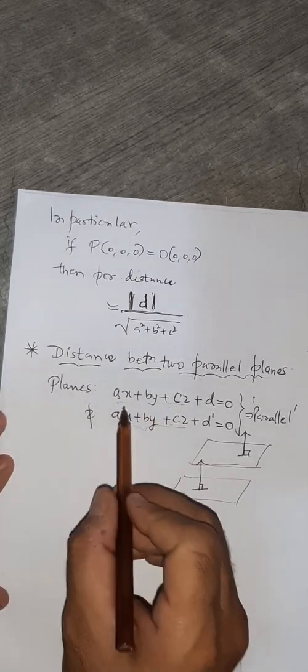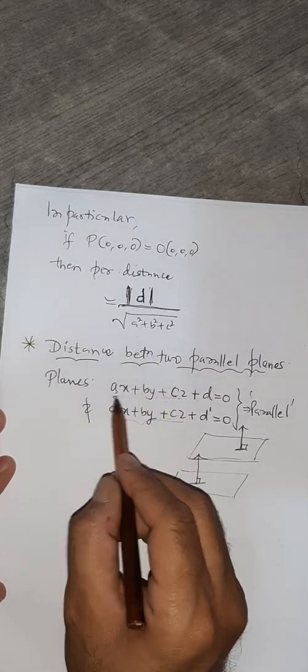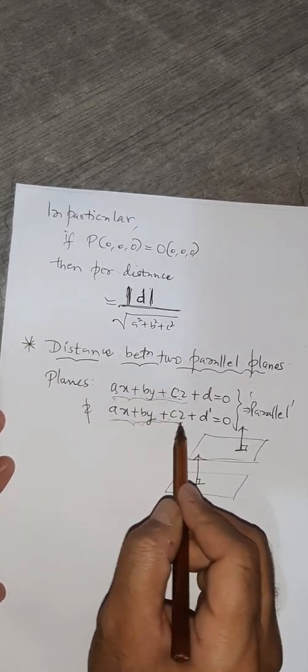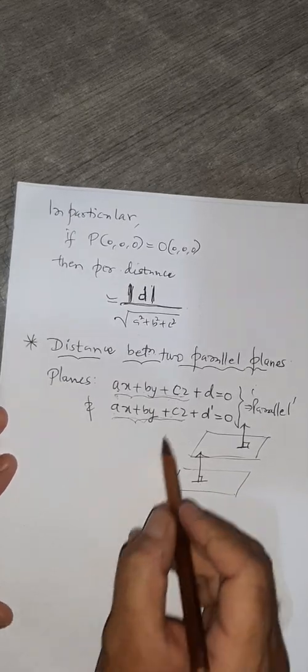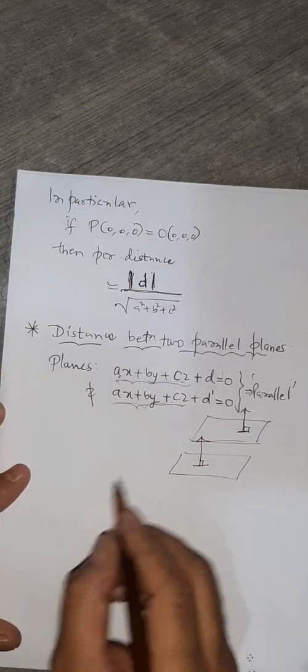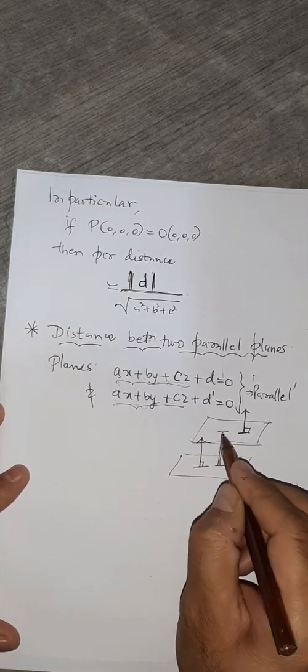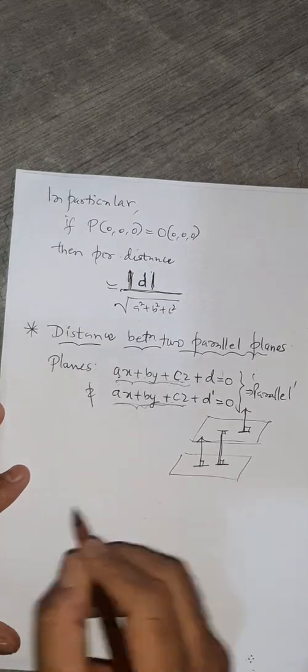You know, in case of the straight line also, whenever they are parallel, slopes are equal. So here normals are equal, or you can say they are in the same direction. That's why we have chosen in this way. Okay. So we want this perpendicular distance between these two parallel planes.